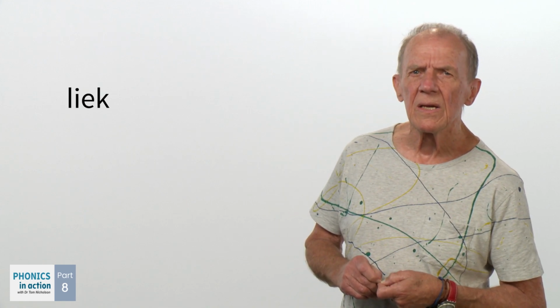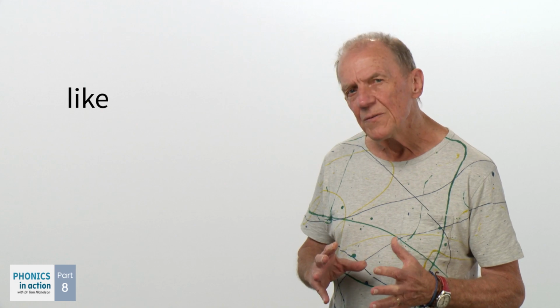Like that, make. What about this one? Is this one right? It sounds right, but it's not the right spelling. We have to split the digraph and put the E at the end. And that's the right way.